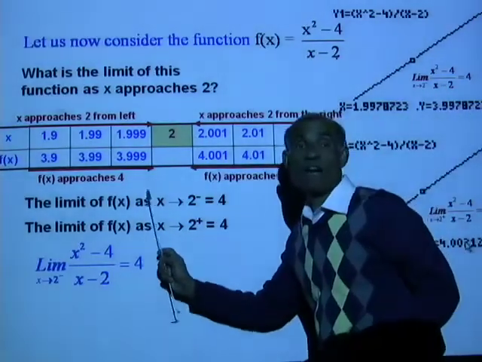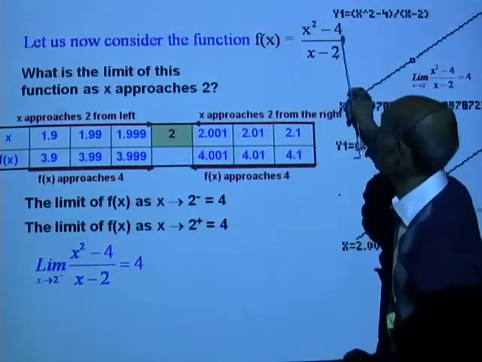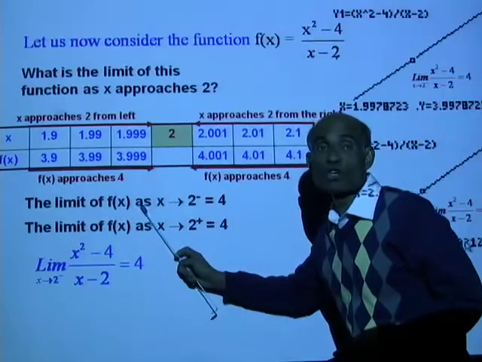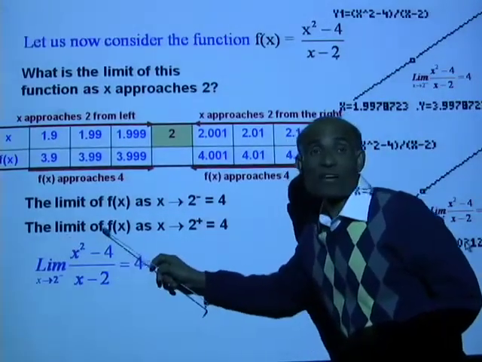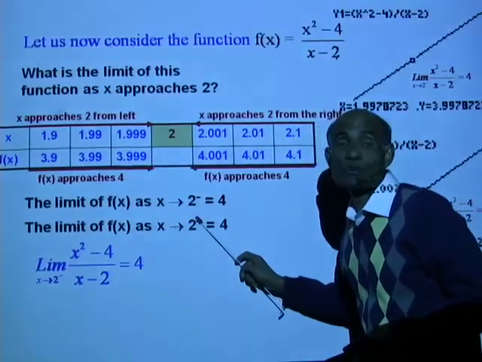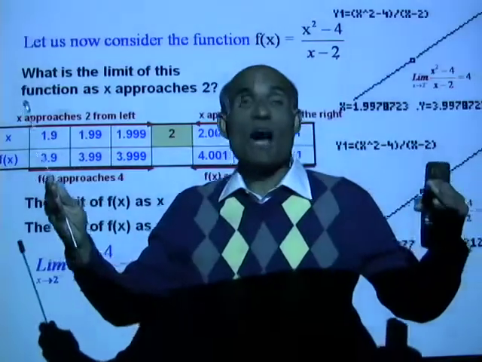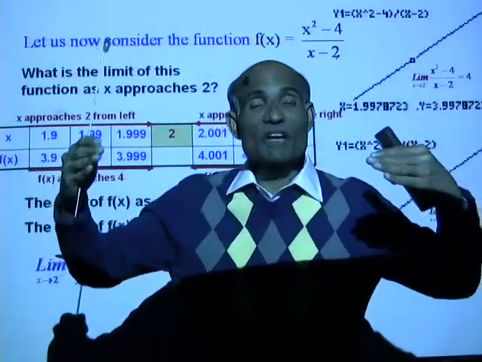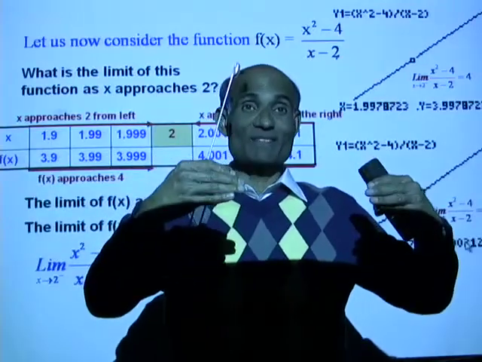It means that the limiting value of this function as x gets closer and closer to 2 from the left and as x gets closer and closer to 2 from the right are both equal to 4. That means the output is the same as x approaches 2 from the left or from the right.